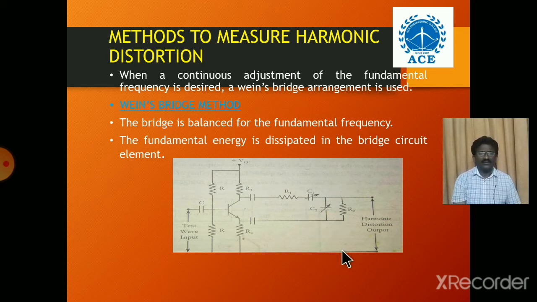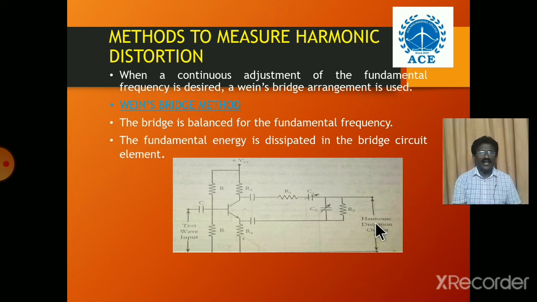Now you have to find the harmonic distortion for the test wave. Only the harmonic components reach the output terminals. The harmonic distortion output can be measured with a meter.